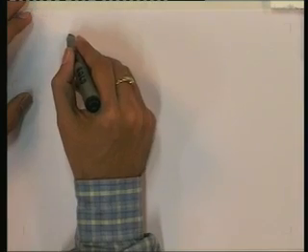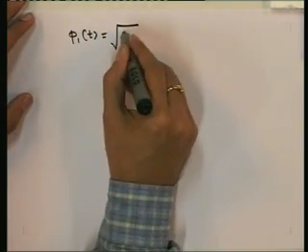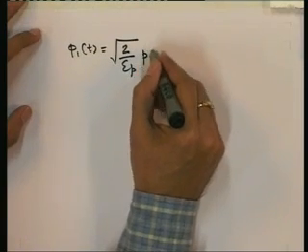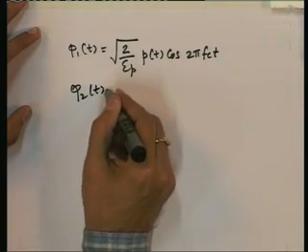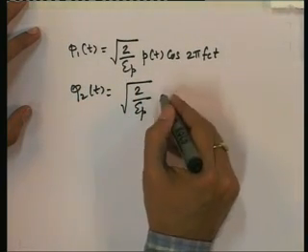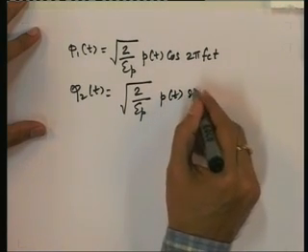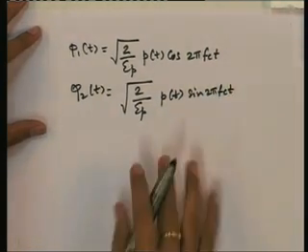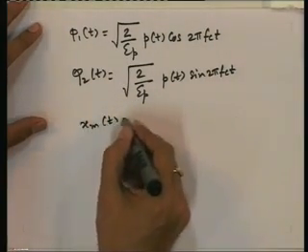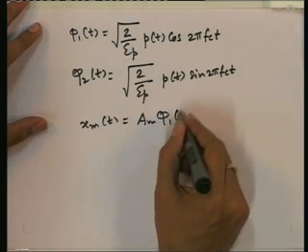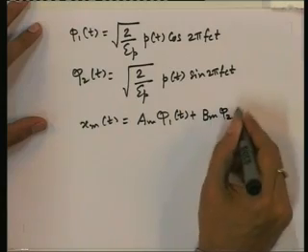Here also, just like PSK, because x_m(t) is expressed in this form, we can take the same basis, the same fundamental signals phi 1 t and phi 2 t. So phi 1 t is just like before, root 2 by E_p p(t) cos 2 pi f_c t, and phi 2 t is root 2 by E_p p(t) sin 2 pi f_c t. Then any signal x_m(t) is A_m phi 1 t plus B_m phi 2 t.